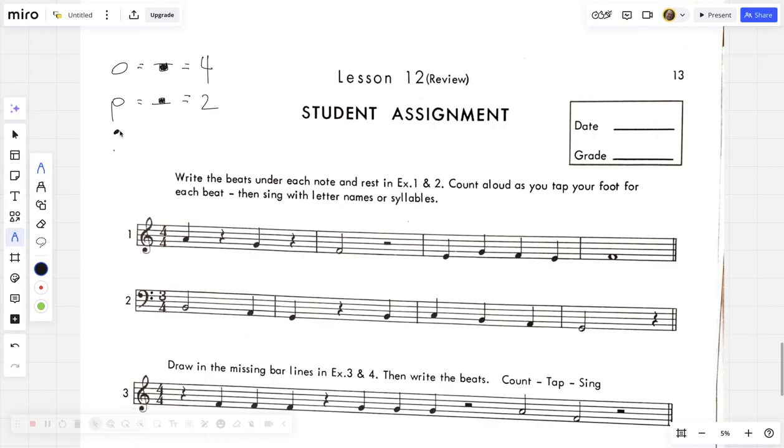And finally, you have a shaded oval with a stem, and that is a quarter note. And a quarter rest looks like this. Every quarter note, when the lower number is 4, equals 1 count. But remember, 4 over 4, it's all about adding up to 4. You just want each measure to add up to 4.